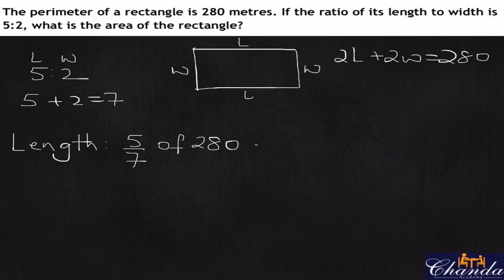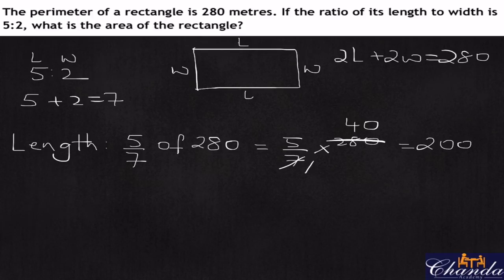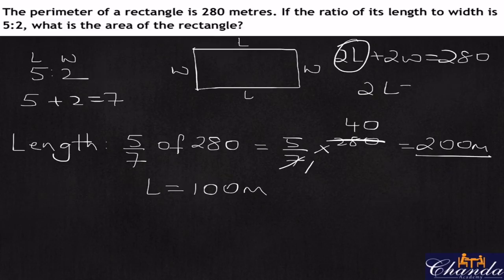We have 5 over 7 times 280. 7 goes into 7 once, 7 goes into 280 40 times. 40 times 5 is 200. Remember, guys, what we just found is actually 2L. So 2L is equal to 200, so L is equal to 200 divided by 2, which is 100 meters.